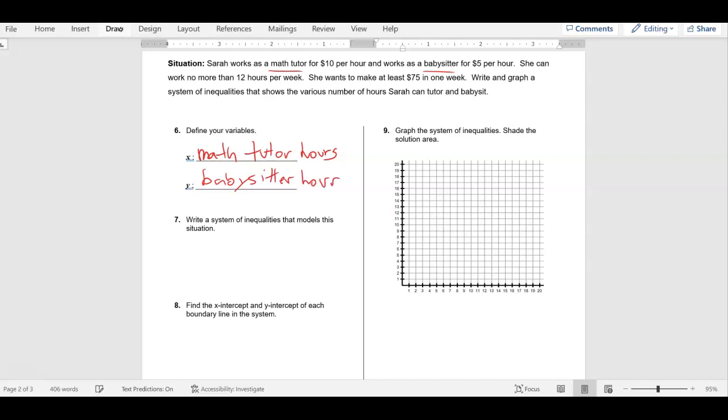While we're at it, we can label our axes over here. So go ahead and put math tutor and babysit. Don't sit on a baby.